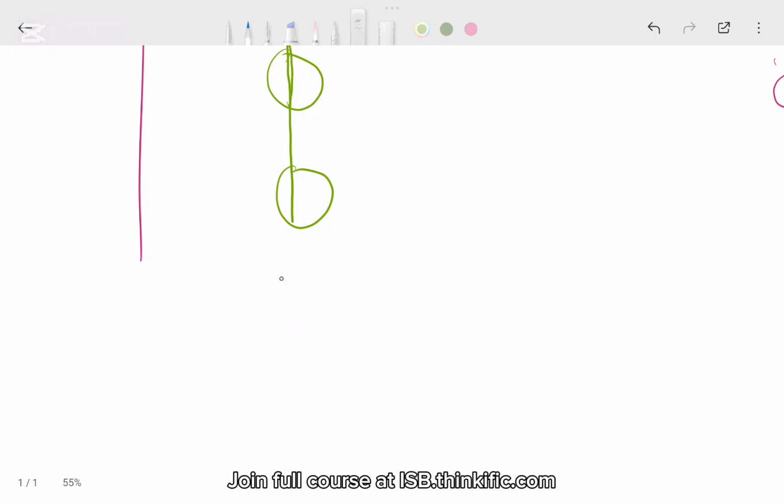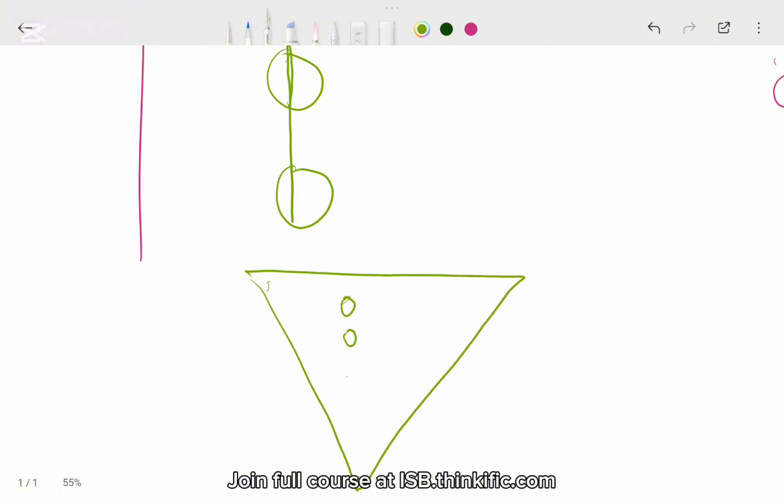So I'm going to draw here the sacrum, and these are sacral foramina, right? And these are the sacral sympathetic ganglia over here. They reach and synapse here at the sacral sympathetic ganglia.